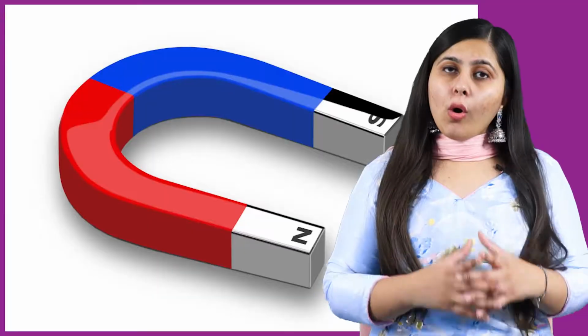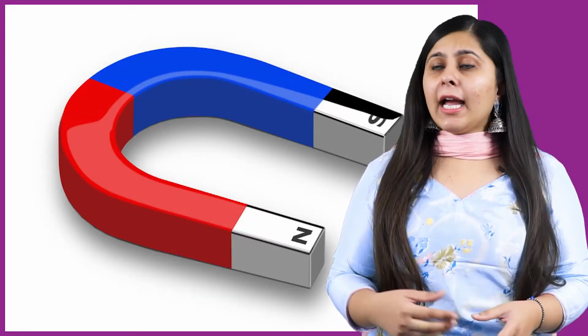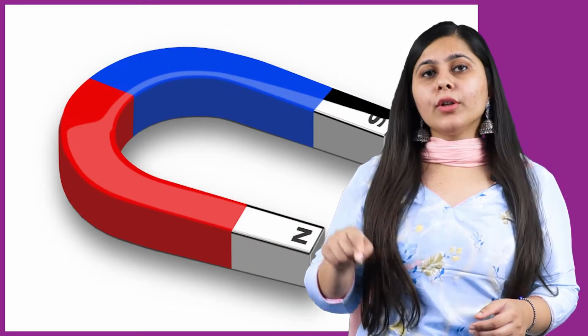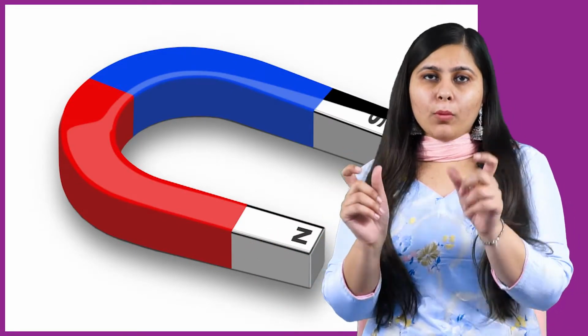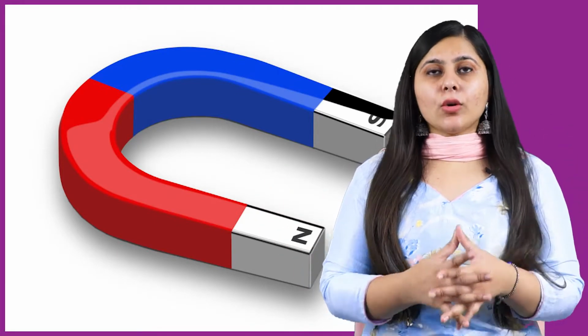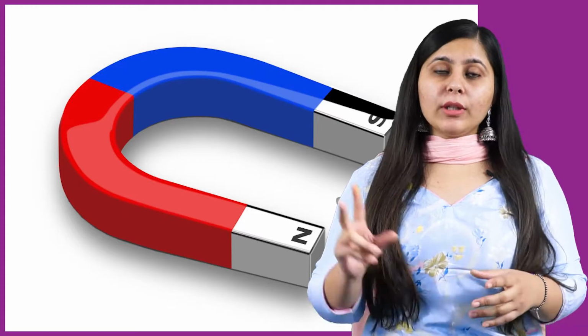Now the next shape of the magnet is the horseshoe shaped magnet. It is U shaped, and the two poles represent the north pole as well as the south pole, and it also has magnetic properties. So these are the two types of magnet that we see daily, or actually use.